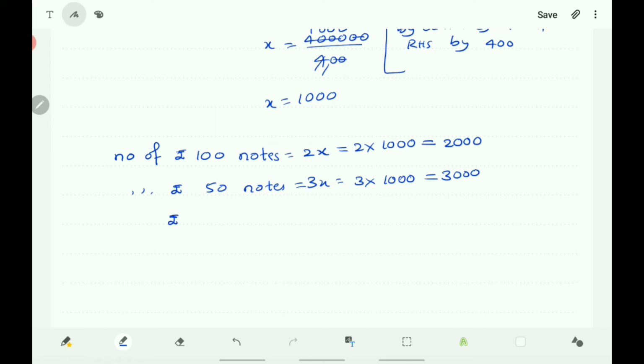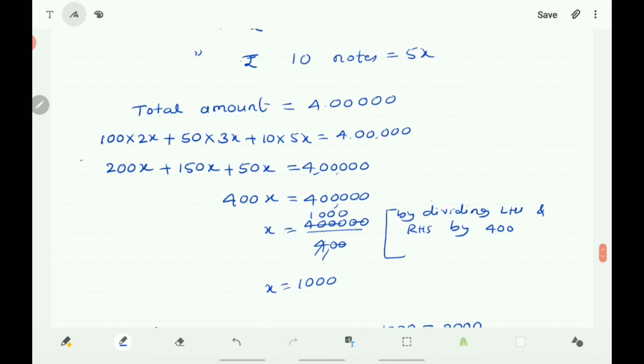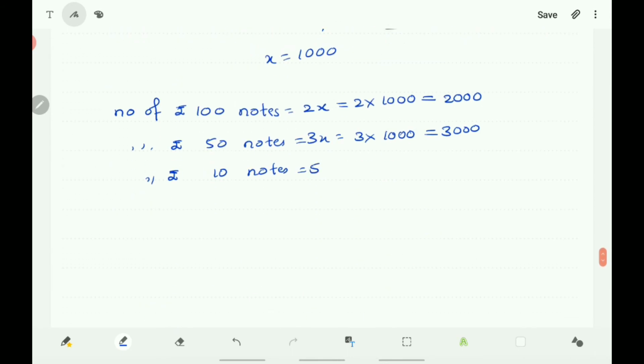And rupees 10 notes, they are 5x. That is 5 into 1000, that is equals to 5000. 5000 notes are of 10 rupees. 10 rupees 5000 notes are there, 50 rupees 3000 notes are there, 100 rupees 2000 notes are there.